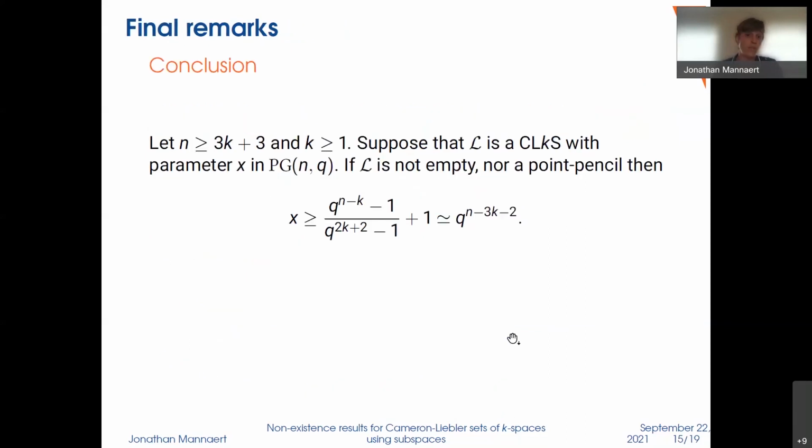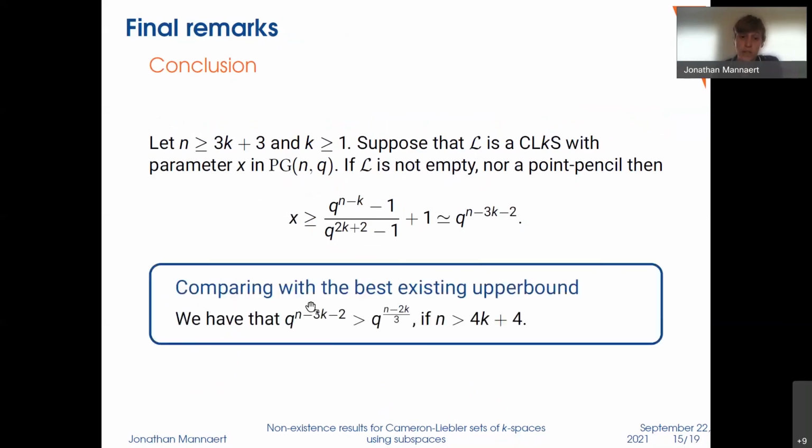So this means that for these cases, x should be smaller than 2, so it should be 0 or 1, or x should be bigger than this bound, which is in fact an improvement if n is bigger than 4k plus 4. So this is quite a nice result.